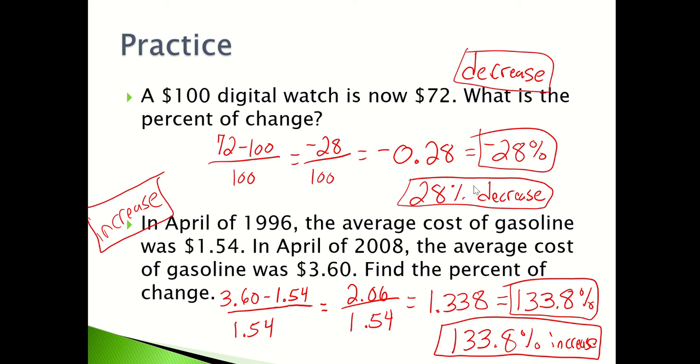They're both correct. Next one, in April 1996, the average cost of gasoline was $1.54. In April 2008, the average cost of gasoline was $3.60. Find the percent of change. Did we go up or down? We were at 154. Now we're at 360.